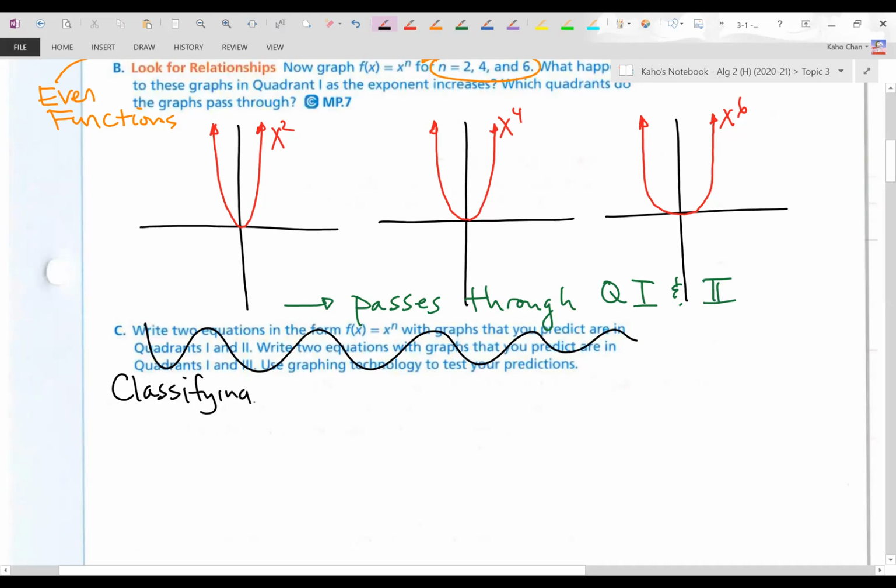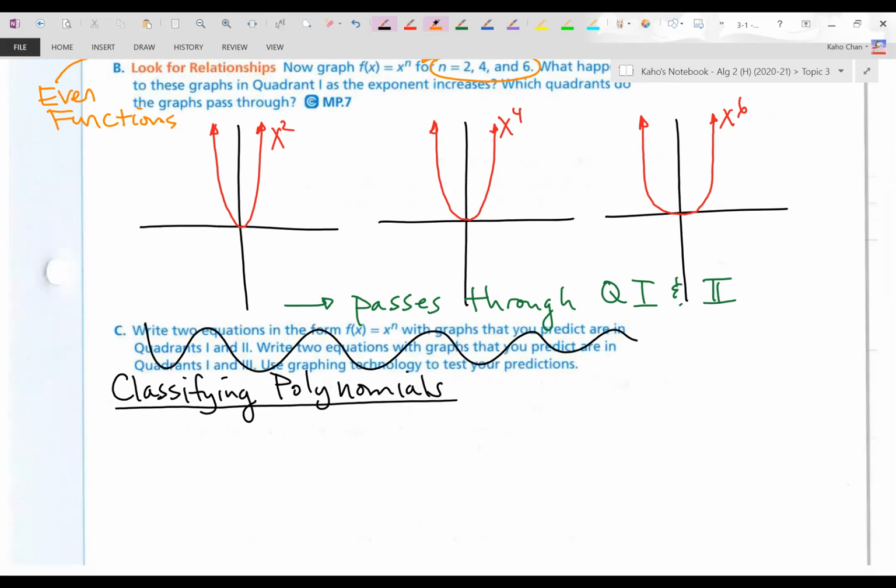Classifying polynomials. They kind of take their cue from Latin prefixes. Polynomials are basically a bunch of monomials added together. When you put 2 of them together, you get a binomial. If you put 3 of them together, you get a trinomial.